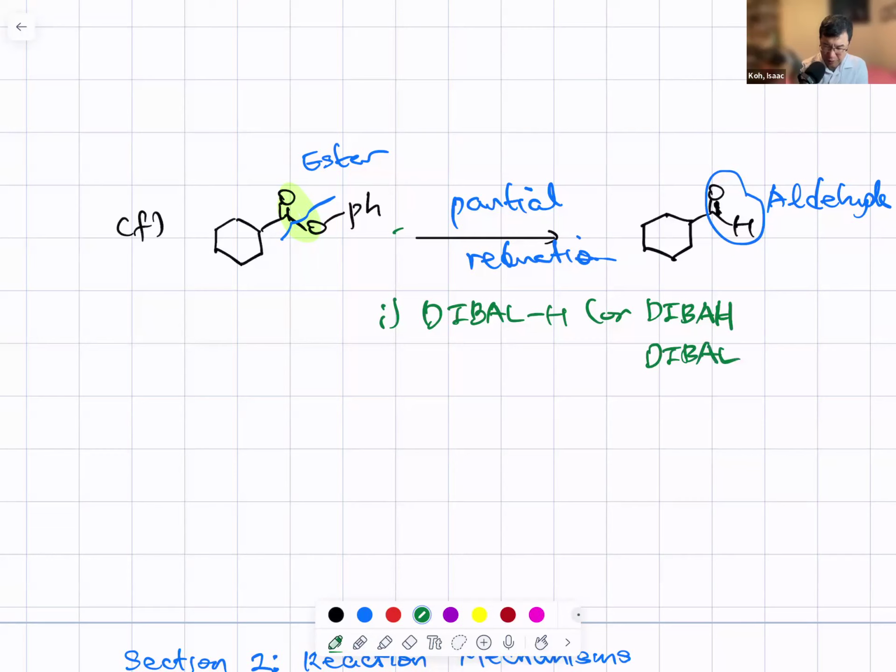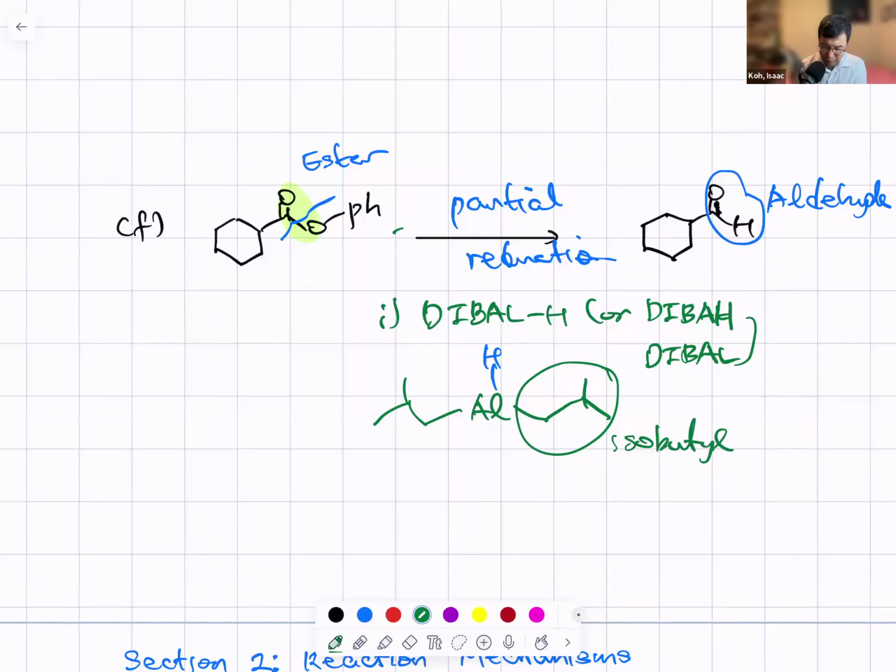The structure is diisobutyl, so the aluminum right there, and two isobutyl groups, and then a hydride. So this one is an isobutyl group, two of them.